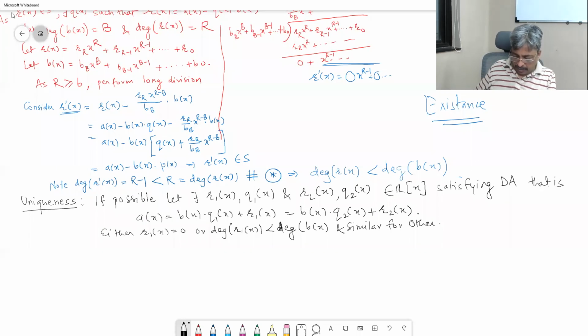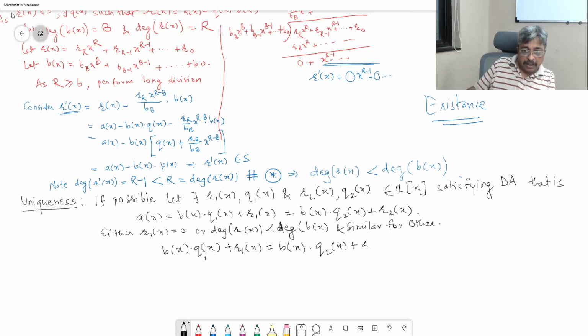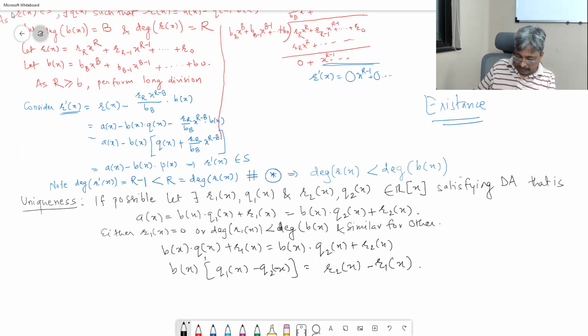Therefore, b of x into q1 of x plus r1 of x is going to be equal to b of x into q2 of x plus r2 of x. Now taking same things on one side, b of x inside bracket q1 of x minus q2 of x is equal to r2 of x minus r1 of x.